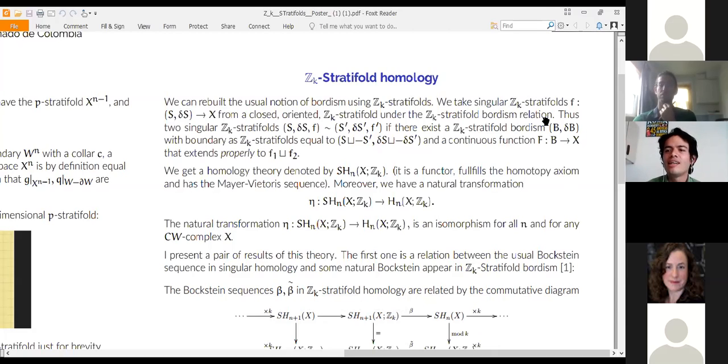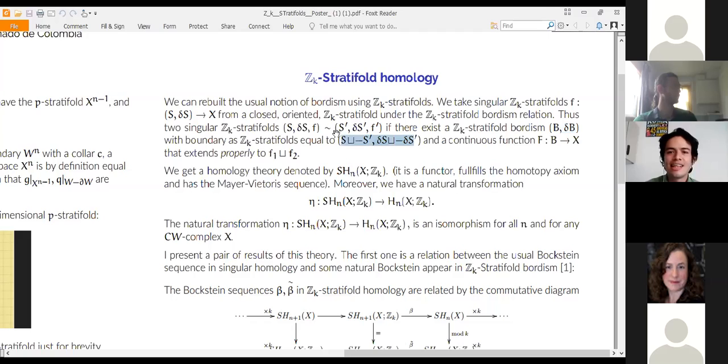And we give the definition of some kind of equivalence relation in these objects: this singular stratifold and this singular stratifold are related if there exists a CK stratifold bordism, and the meaning of this is that the boundary, in the meaning of the previous definition, is equal to this.